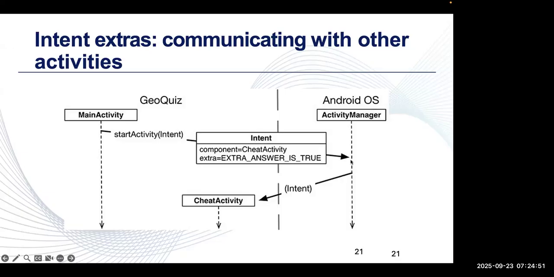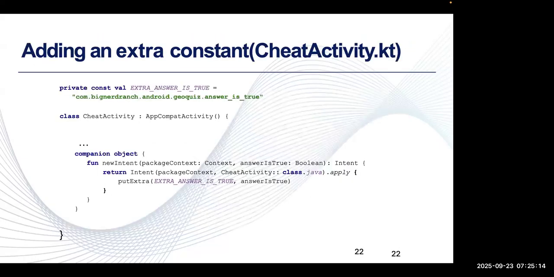It's going to send the intent back to the activity manager and put an extra key value, in this case, answer cheated is true. That's the key value that it's going to put. Now, if the cheat button was not pressed, then it's going to return a false value or nothing at all. It depends on how we set it up.